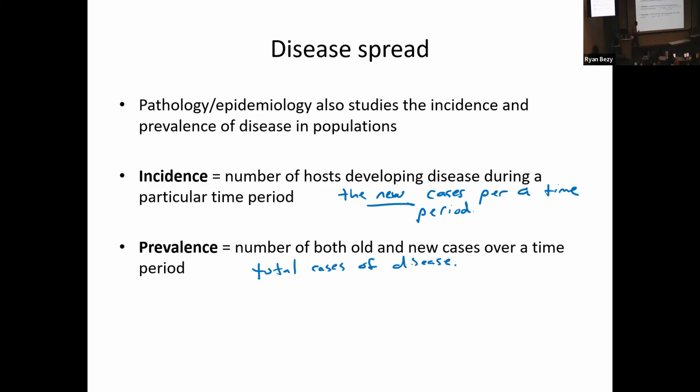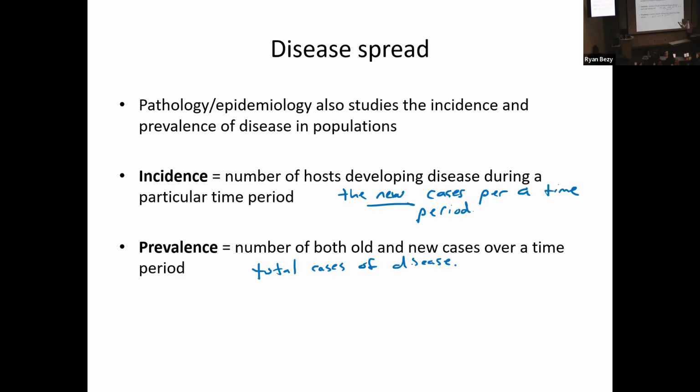Now, sometimes we measure the amount of disease as incidence, and sometimes as prevalence. For instance, incidence is not a good way to measure non-communicable disease because you don't get a lot of new cases spreading around. Instead, we typically talk about things like autoimmune disorders and cancer cases in prevalence, the existing cases.